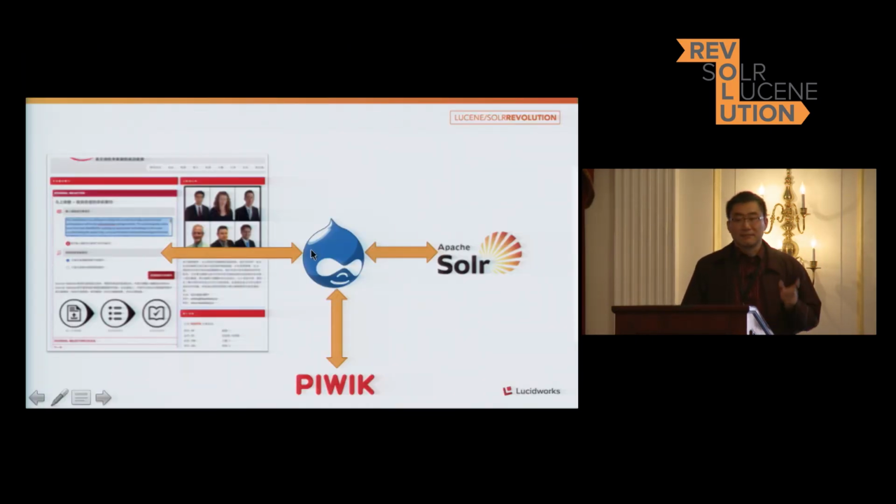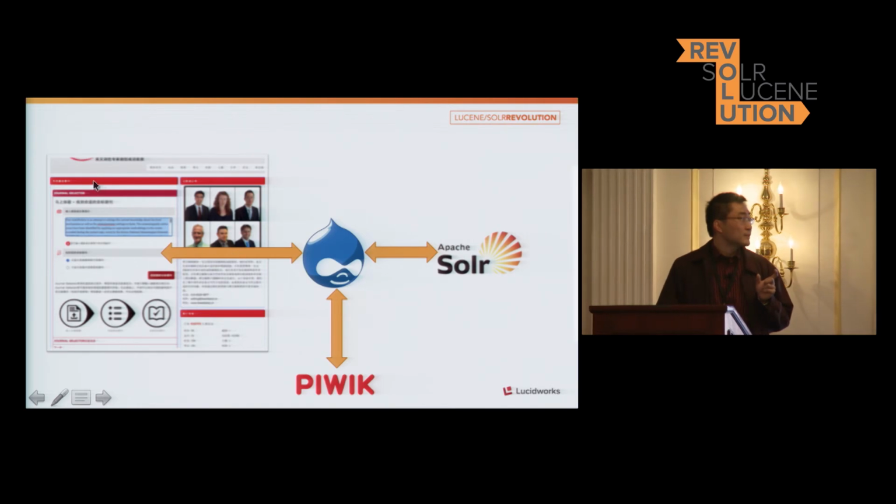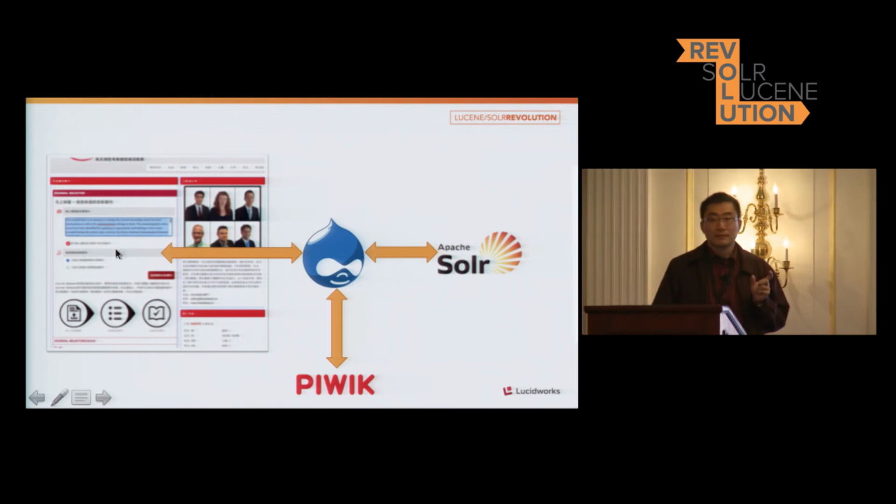Drupal provides the one-line JavaScript, and it renders the interface. After the user inputs the text, it will be sent to Drupal first, and Drupal will use that input to query Solr, and Solr gives back the results, and Drupal will render the results into HTML, and also provide the interface for managers, and also connect with the user tracking system Piwik.